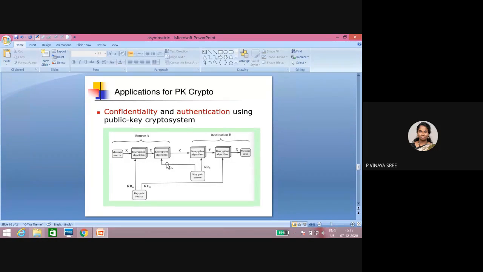Next, again we are encrypting with the public key of B. The public key of B means providing confidentiality. Since it is encrypted with the public key of B, it has to be decrypted with the private key of B, and then one more decryption with the public key of A, so that we get the message.